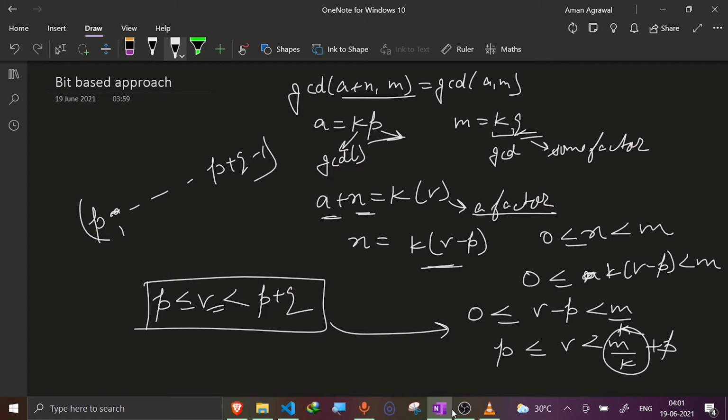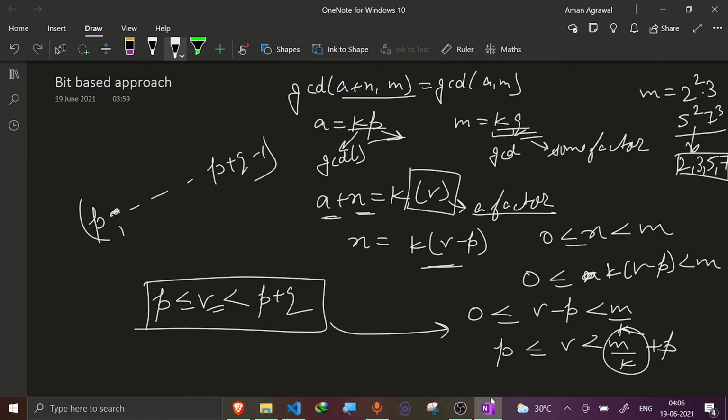Now for that x to be valid, I need to have this r independent of all the factors of the q. That is what I'm trying to explain, is that suppose m was something like 2 raised to the power 3 into 3, or 5 raised to the power 2, 7 raised to the power 3, some sort of this number. So basically the distinct prime factors here are 2, 3, 5 and 7 only.